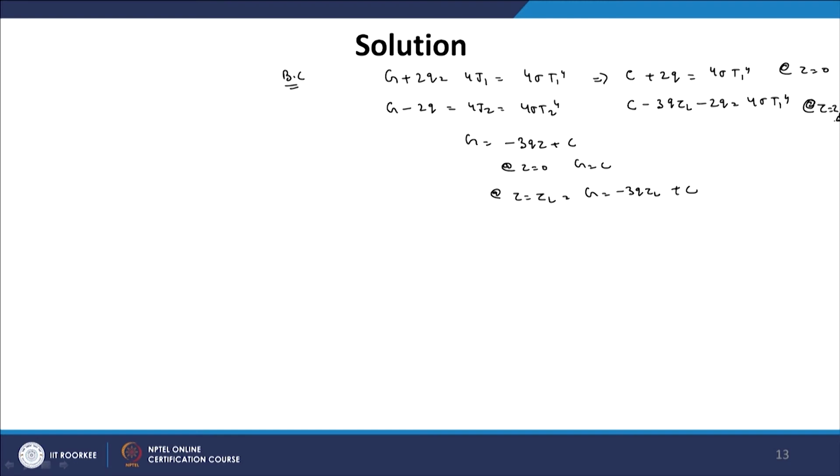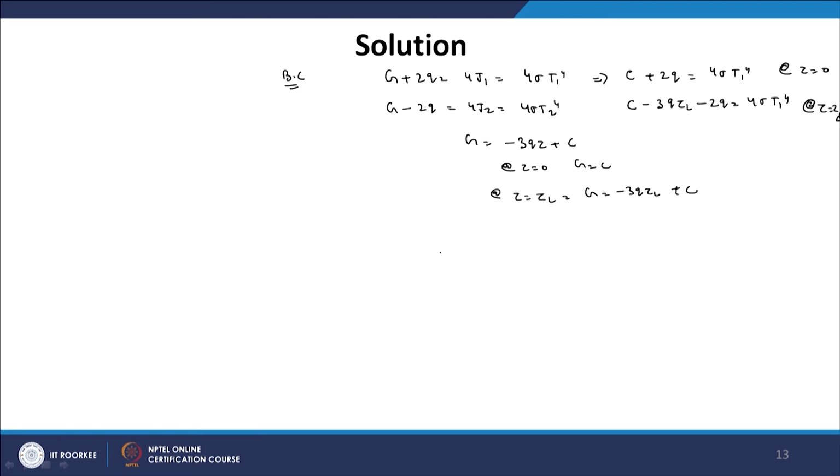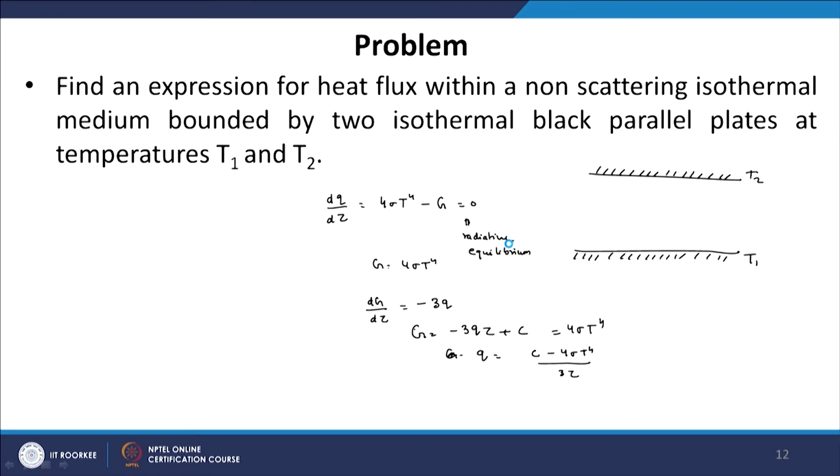Now, we have the solution for q and we have to solve for this constant c. So, let us solve this. We get the non-dimensional heat flux psi is equal to q by sigma times T1 power 4 minus T2 power 4. From this equation we have to find the expression for c using the boundary conditions.